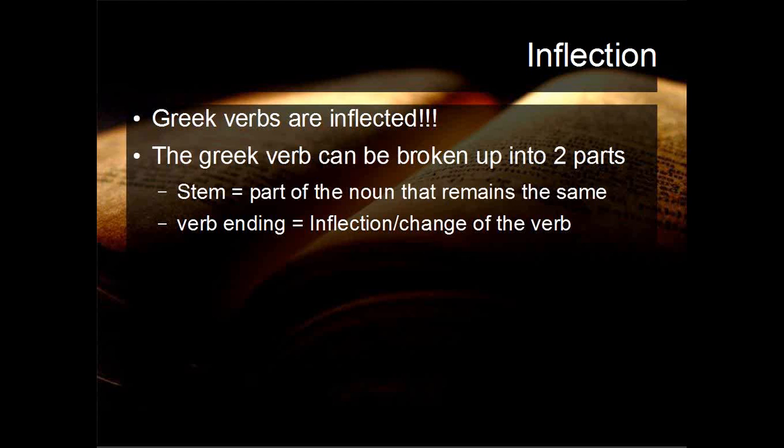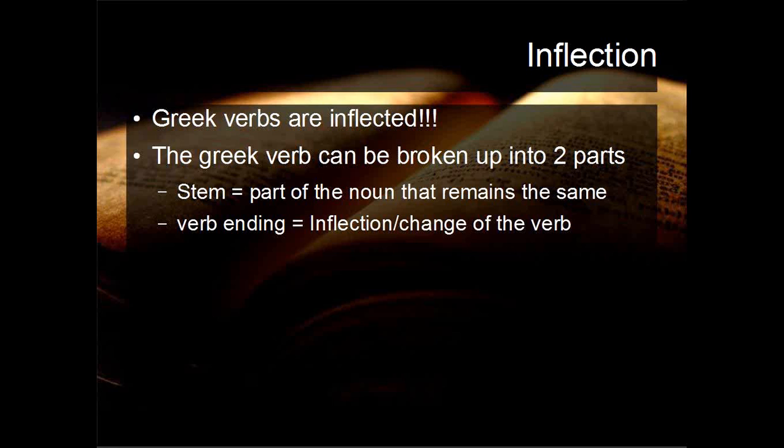The first part is the stem, which is the part that remains the same, as well as the verb ending, which is the inflection or change of the verb, okay? So this behavior is very similar to nouns. We had a noun stem and a noun ending, and verbs do the same in the Greek.